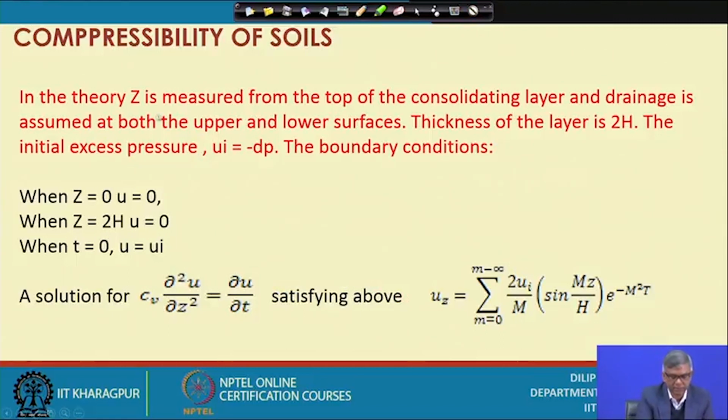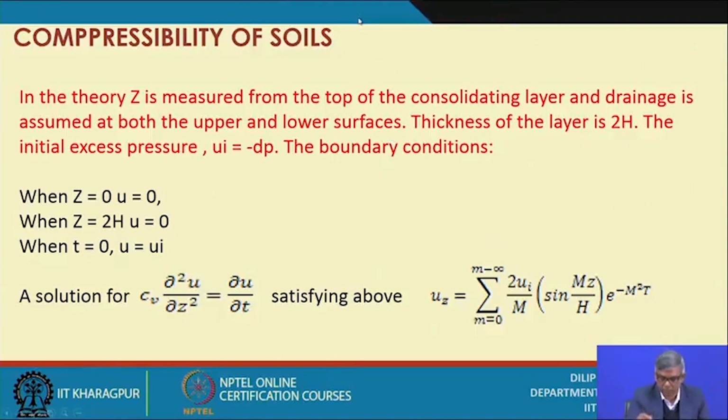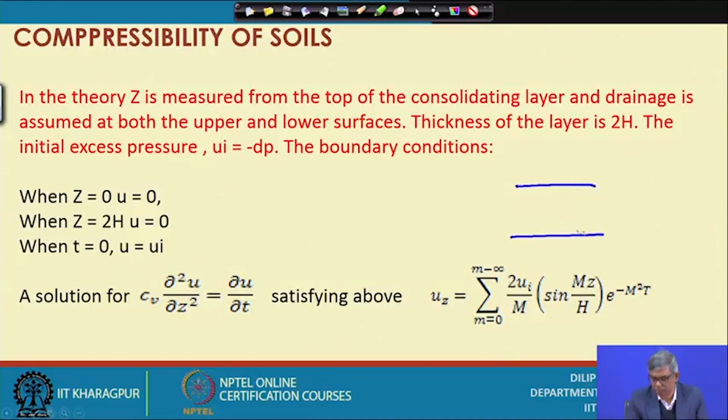In the theory, z is measured from the top of the consolidating layer and drainage is assumed at both the upper and lower surface. Thickness of the layer is 2h, that means upward and downward direction, and the initial excess pressure ui equal to minus dP.